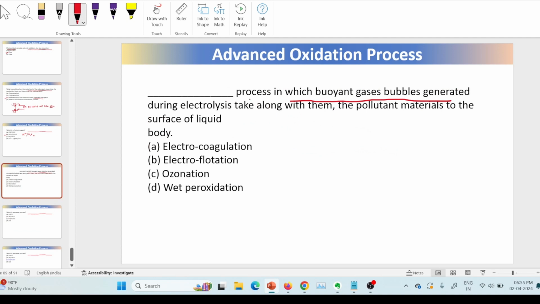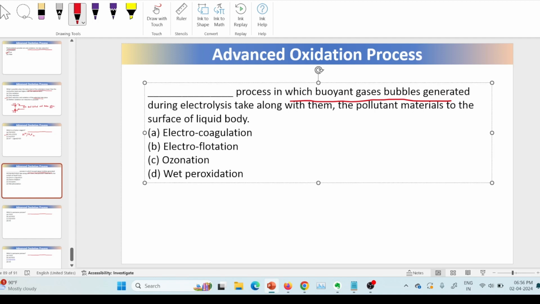Dash is a process in which buoyant gas bubbles generated during electrolysis take along with them the pollutant material to the surface of the liquid body.